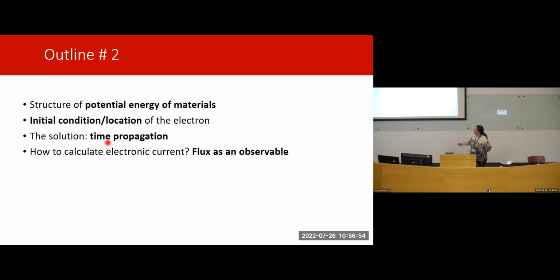How to set the initial condition of the location of the electron, how to solve the time-dependent Schrödinger equation, and get the time-dependent wave function, the solution of the Schrödinger equation. And finally, we'll talk more about what the flux is as an observable and how we can calculate from it the electronic current.